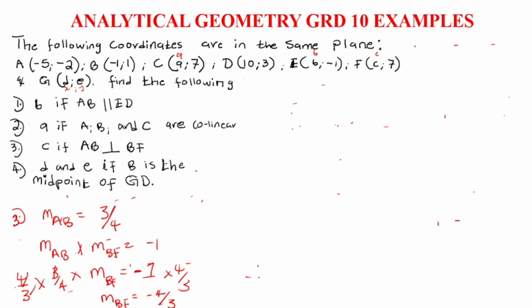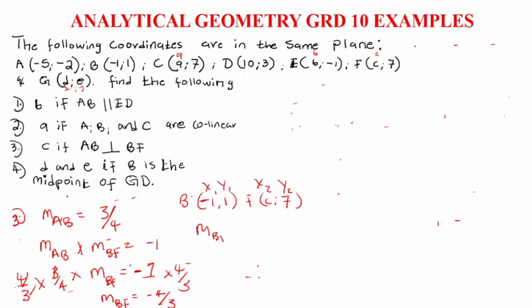So let's take the coordinates of B. B is (-1, 1), and then the coordinates of F, which is (C, 7). Let this one be x1, this one y1, this one x2, and this one y2. Now we're going to substitute back into our equation.